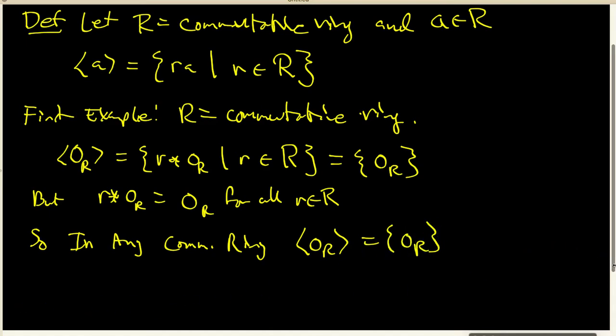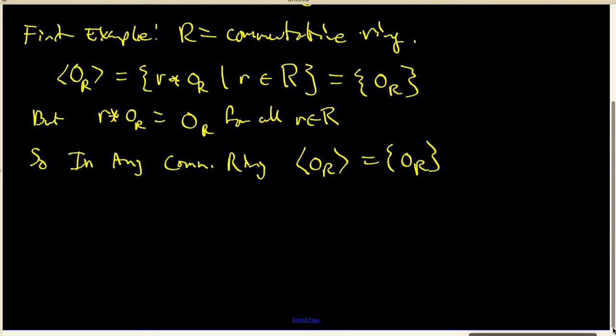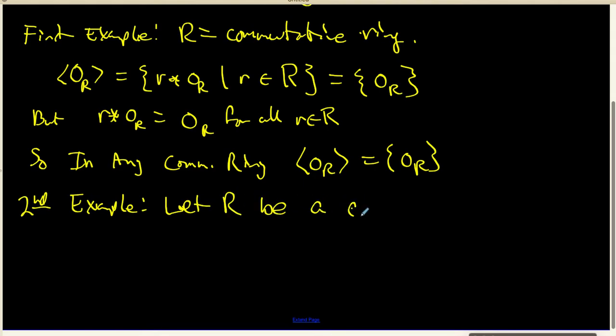Our second example is going to concern rings with multiplicative identities. So our second example, we're going to let R be a commutative ring with a multiplicative identity element.